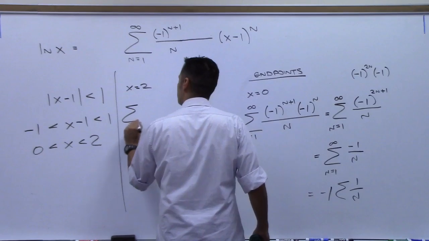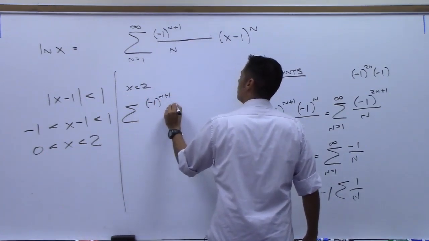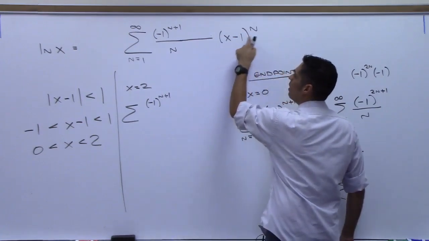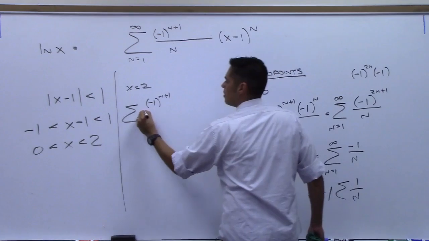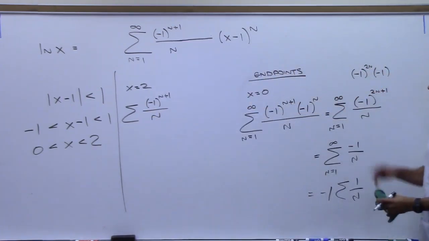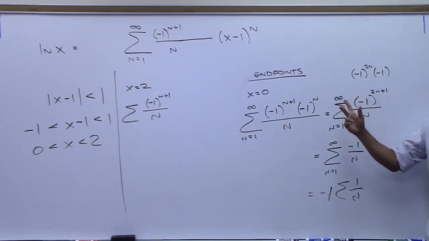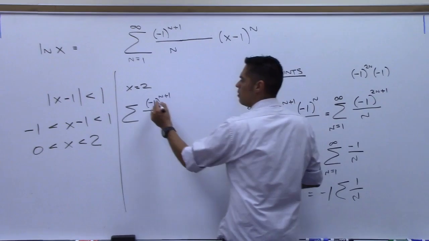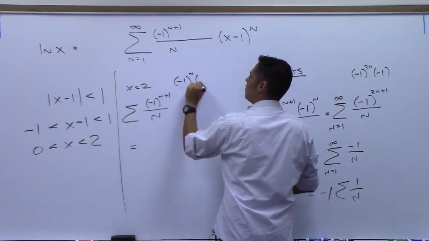Then that sum becomes the sum of negative 1 to the n plus 1, and 1 to the n is just 1, so this is over n. And that is different than this, right? That's going to be an alternating series. Because you can rewrite this as negative 1 to the n times negative 1, right?